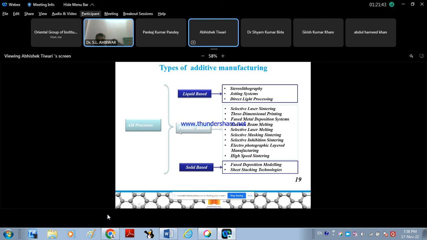Then powder-based processes can be classified into selective laser sintering, three-dimensional printing, fused metal deposition systems, electron beam melting, selective laser melting, selective masking sintering, selective inhibition sintering, electrophotographic layered manufacturing, high-speed sintering, and solid-based additive manufacturing processes can be divided into fused deposition modeling, sheet stacking, and other technologies.